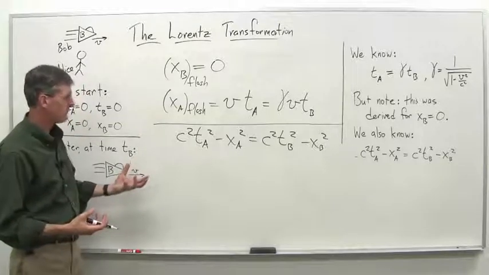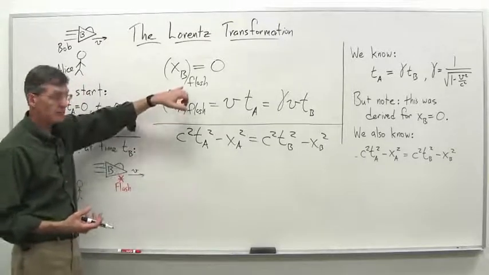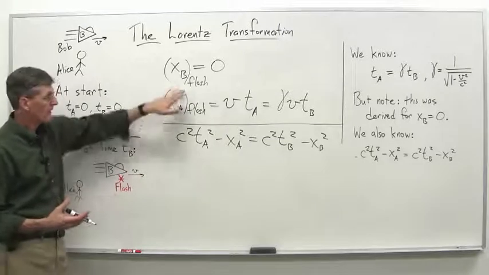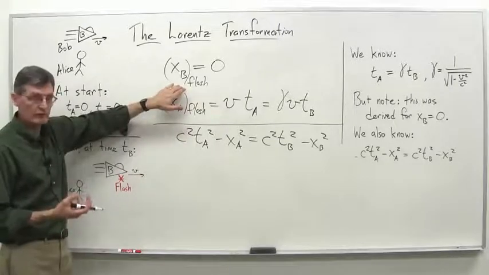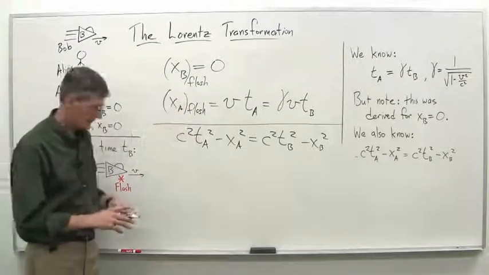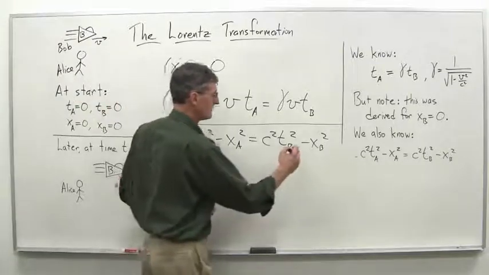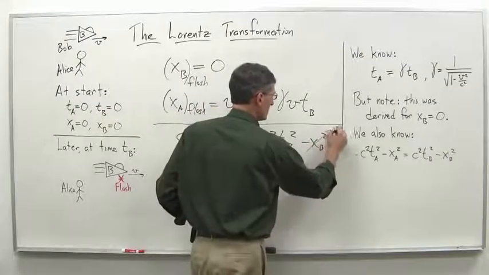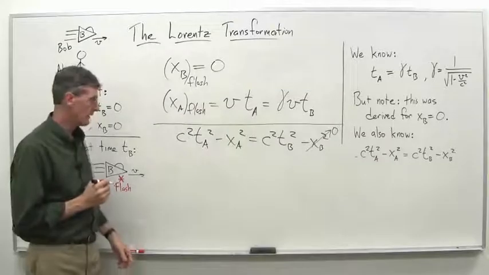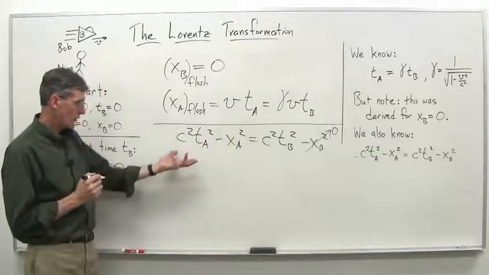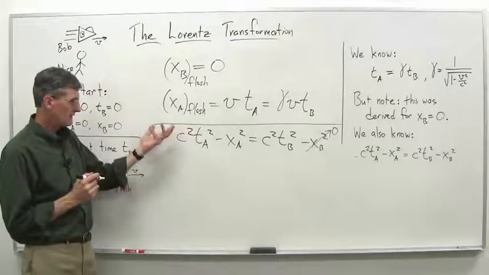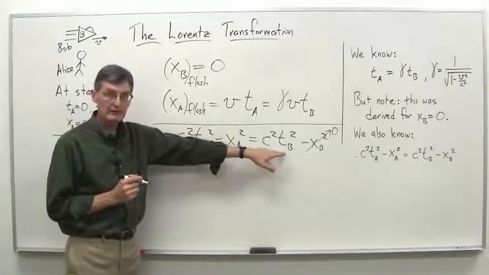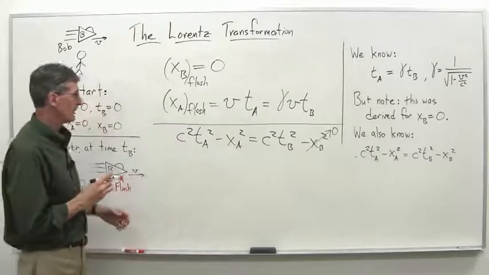So what do we know here? Applying it to the flash of light right here, the flash of light occurs at 0. So that means this thing right here is 0. We don't have to worry about that. And so we're left with t_a, x_a, and t_b in here, and of course c being the speed of light.